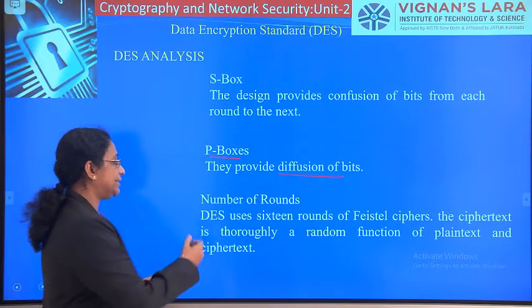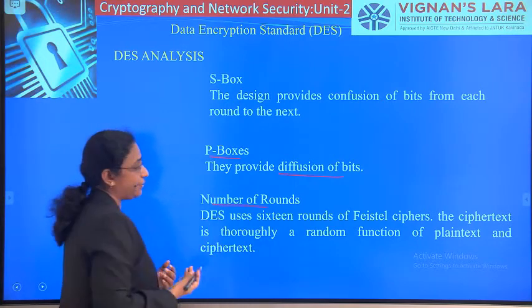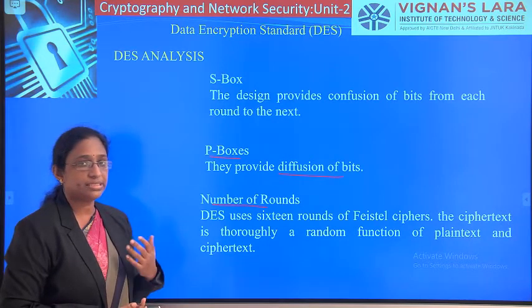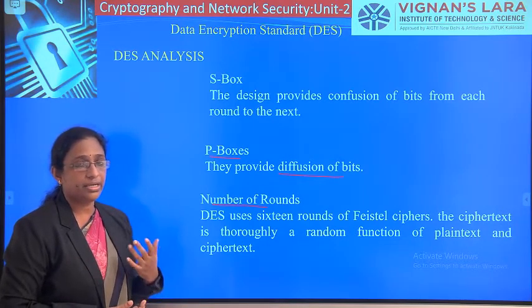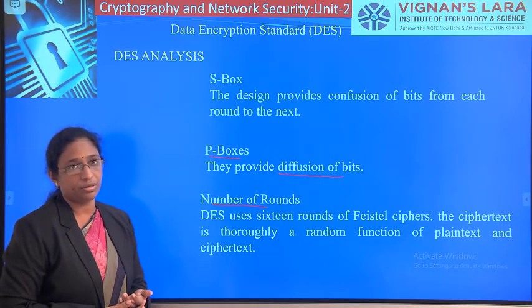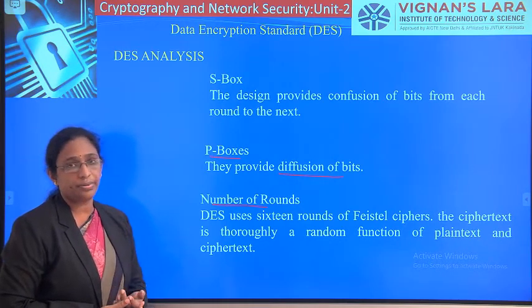The third strength of DES is the number of rounds. In DES we are using 16 rounds, where each round uses a function that consists of the P boxes and S boxes, and the XOR operation also.